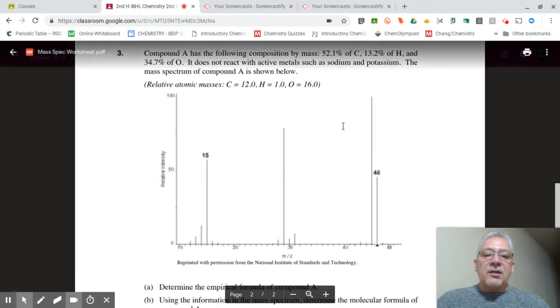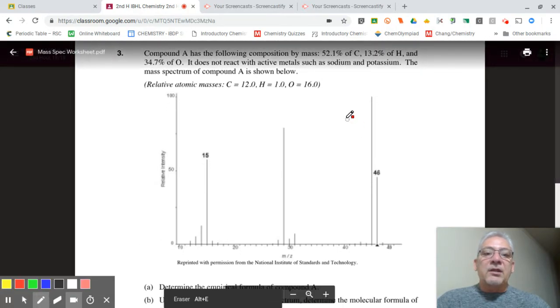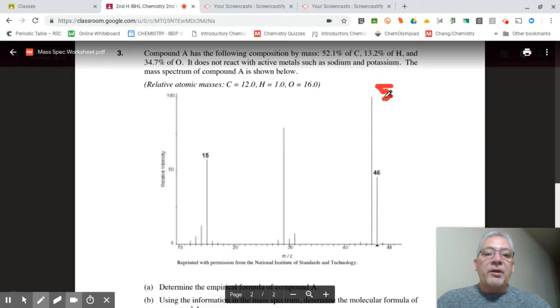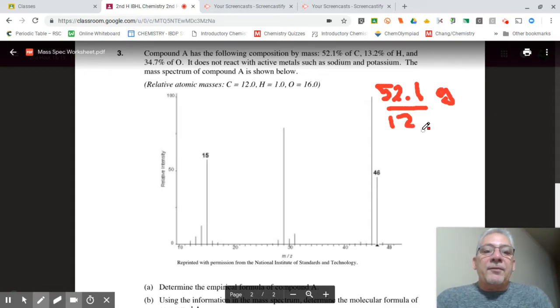I just did a calculation following the rule. I'm assuming I have 52.1 gram of carbon, so I will divide that by 12, and then I will have 13.2 gram of hydrogen.